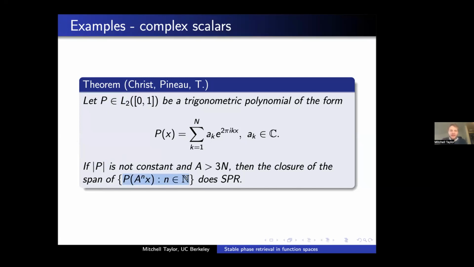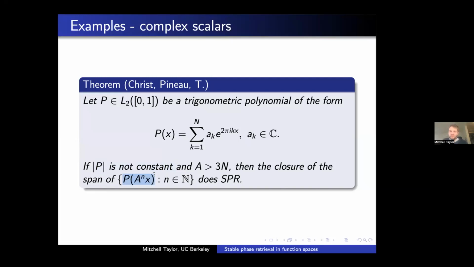Okay. And of course, let me be clear here. The assumption that the absolute value of p is not constant is completely necessary, because if I take a function with constant absolute value and I build dilates of this function, it'll still have constant absolute value, and then the absolute value of the function wouldn't determine the function.